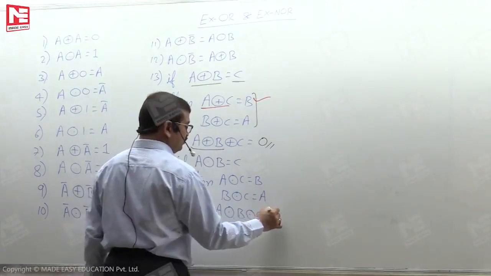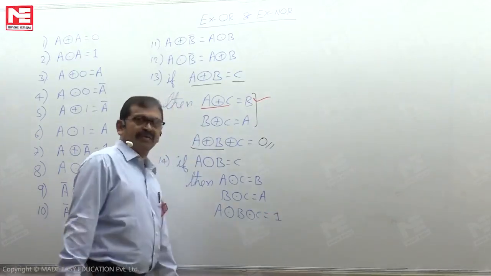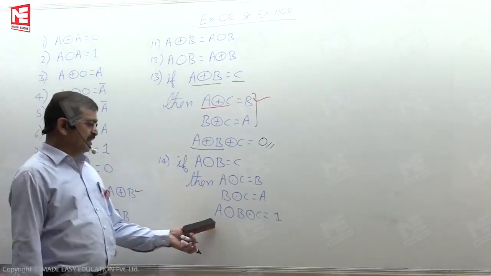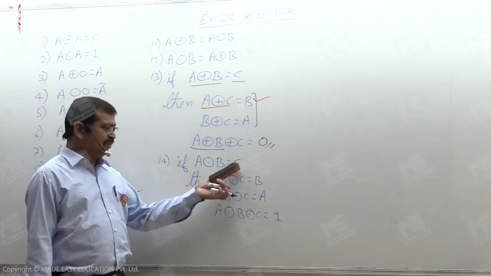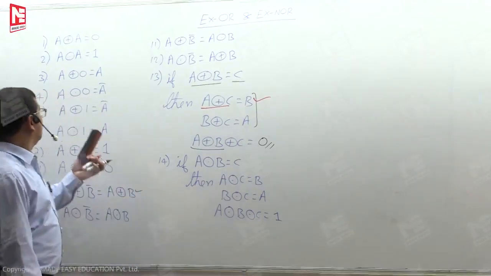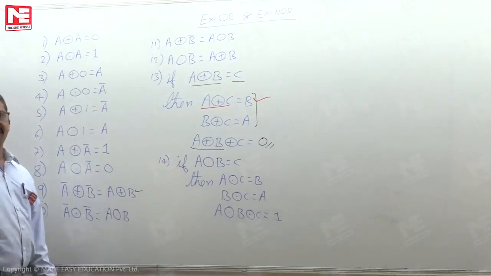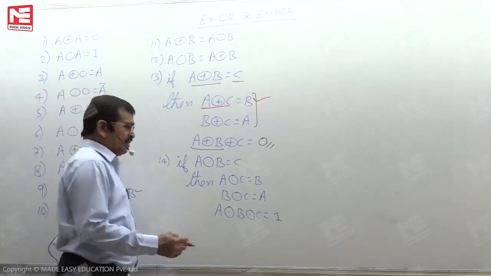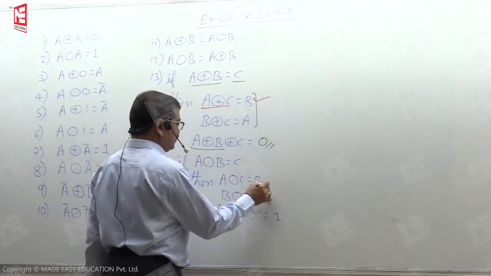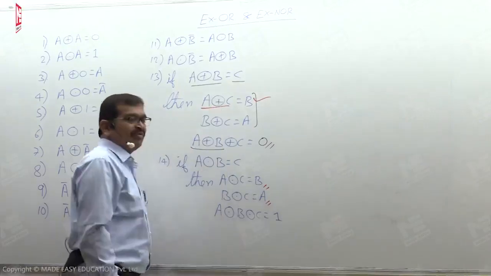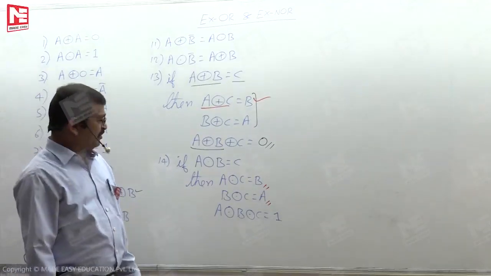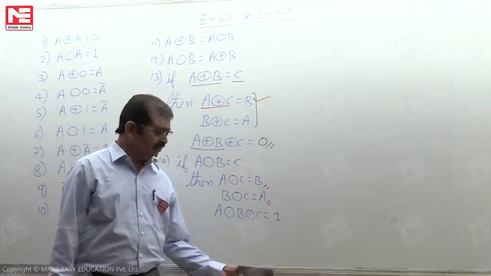It must be equal to 1 because A exclusive nor B is read as C, and C exclusive nor C, based on the second result, is 1. The verification of this will be similar to the verification we did with XOR. So try yourself. It won't be any problem.